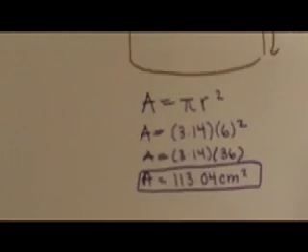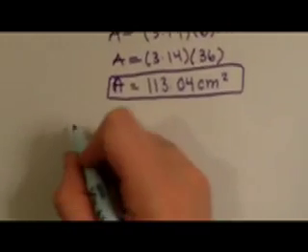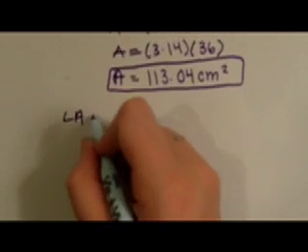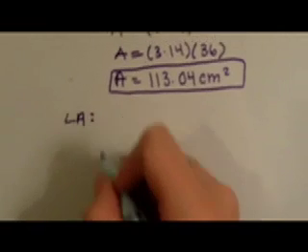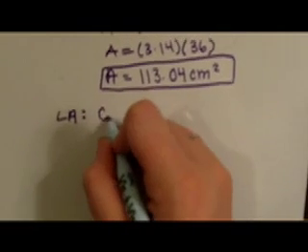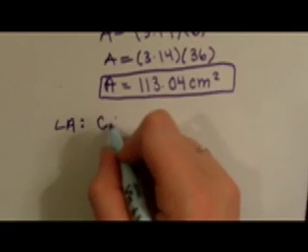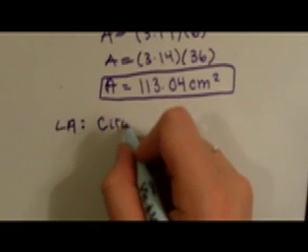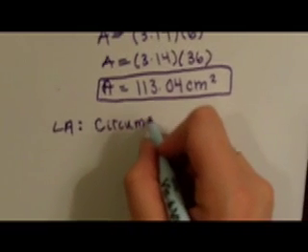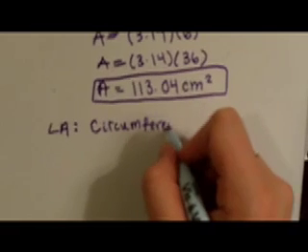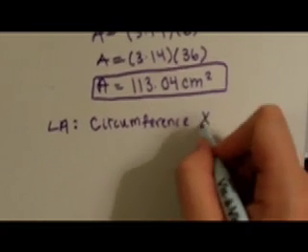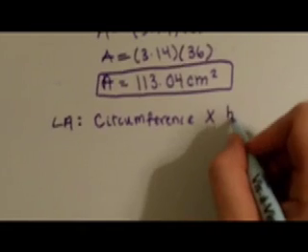Remember in our last example, we said that the lateral area for a cylinder is going to be the circumference times the height of the cylinder.